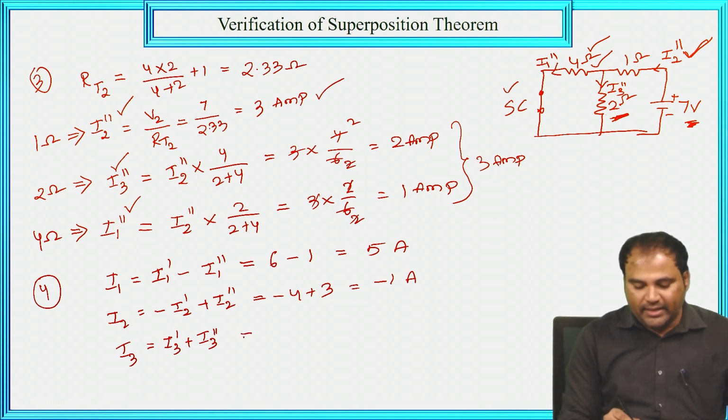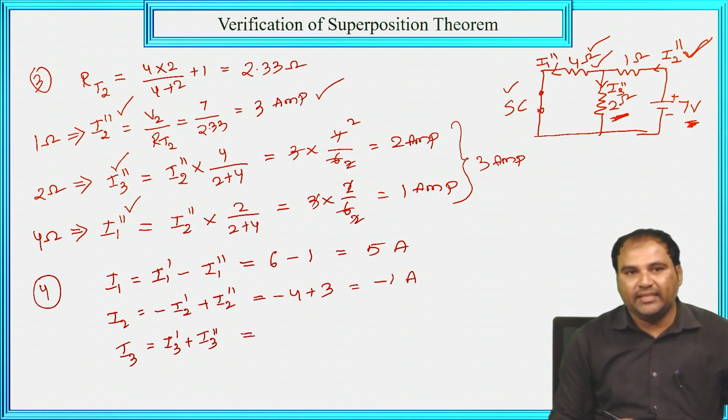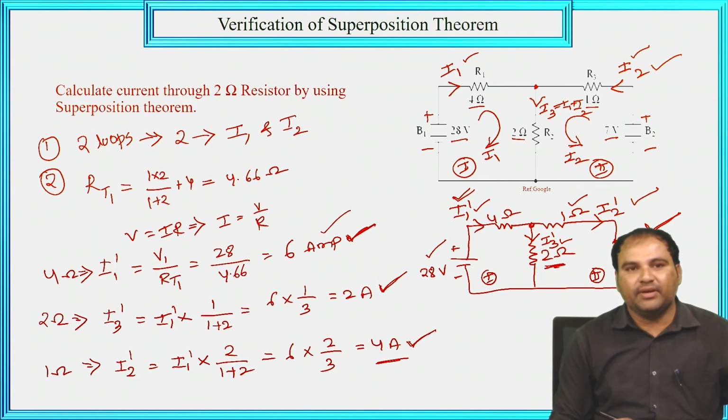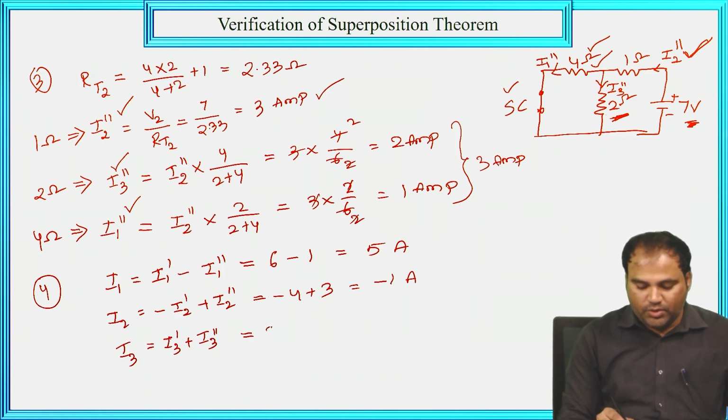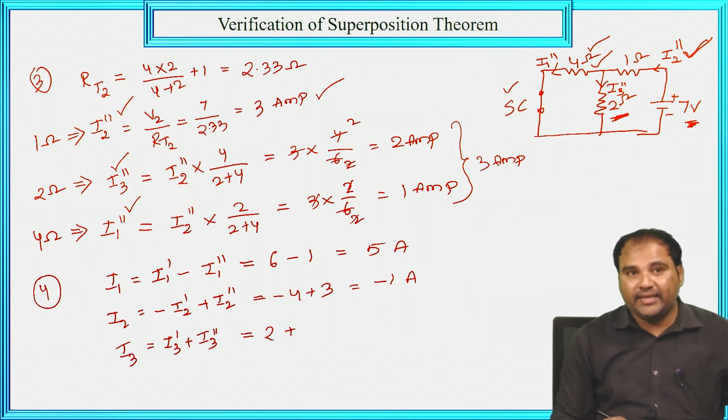And similarly I3. I3 is equal to I3 dash plus I3 double dash. What is the I3 dash value here? That is 2 ampere. So 2 plus I3 double dash. I3 double dash is 2.